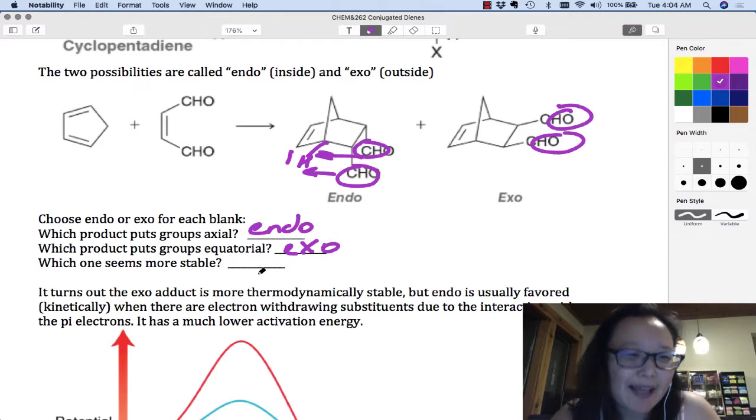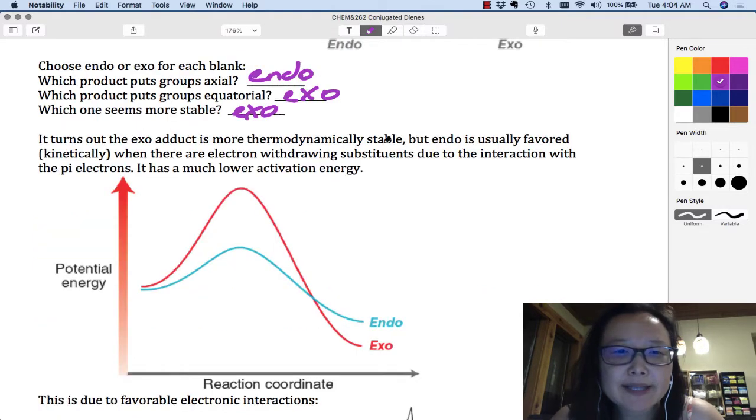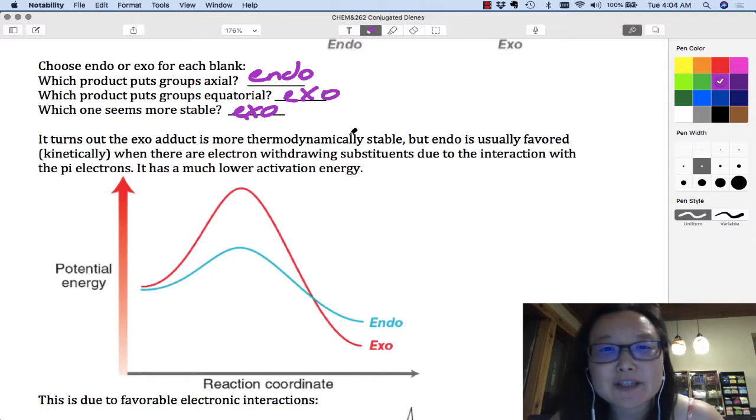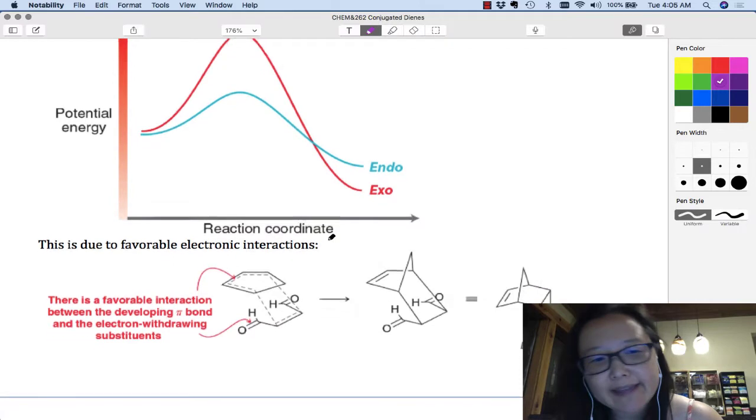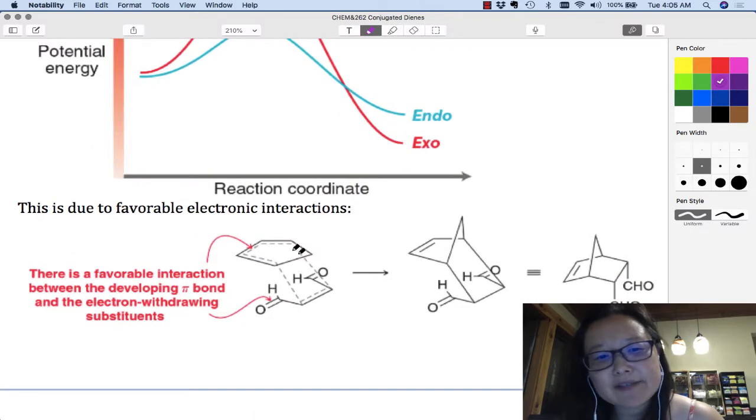Okay, so thinking back to cyclohexane, the exo version is what we remember as being more stable. That's true, it is thermodynamically more stable, but endo is usually the kinetically favored product. That is, it tends to form faster. It turns out that it has a lower activation energy for these Diels-Alder reactions, and the belief is that it's because of favorable interactions between the electron withdrawing substituents and the pi system, a kind of favorable overlap.